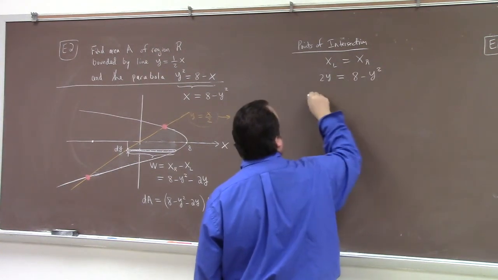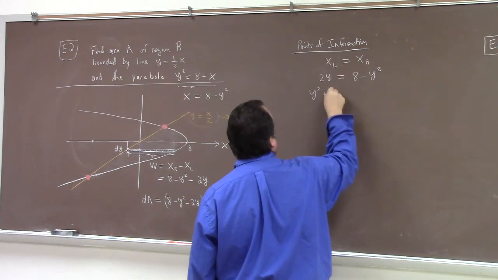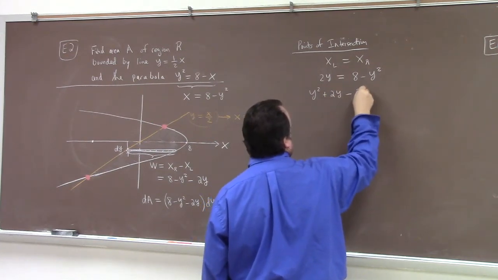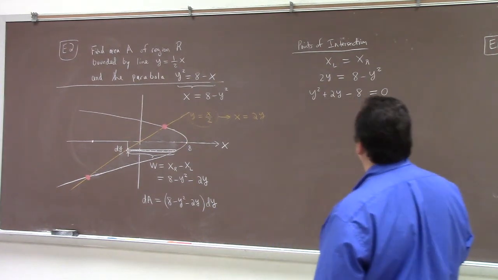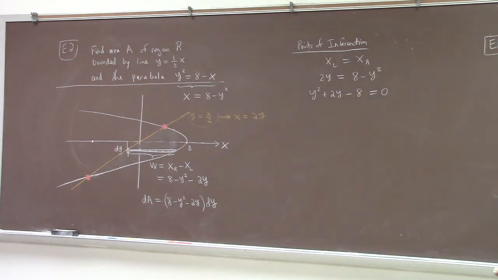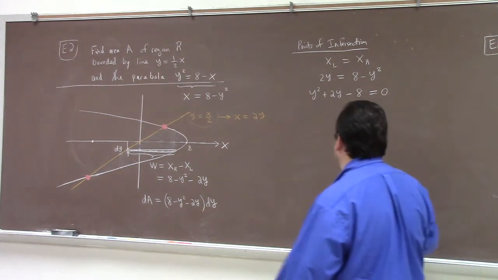So let's rewrite that. That's y squared plus 2y minus 8 equals 0. Does that factor? Well, 8 is 4 times 2. Oh, minus 8, though. So I need plus 4 minus 2 or minus 4 plus 2. You tell me, how should I factor that?